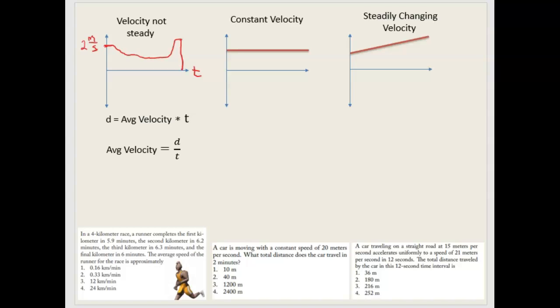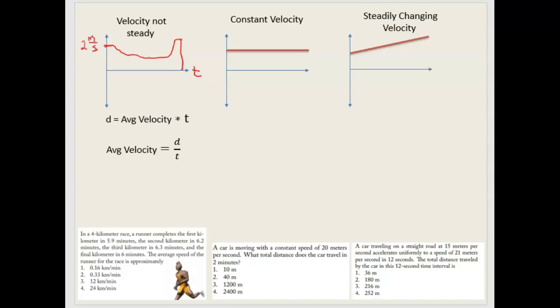So this is one situation, and how do we compute the average velocity? We would take our displacement and divide it by time. It's very simple. To calculate the average velocity in this situation, they would have to tell us how far away the store was from home, the displacement, and the amount of time it took to run there.